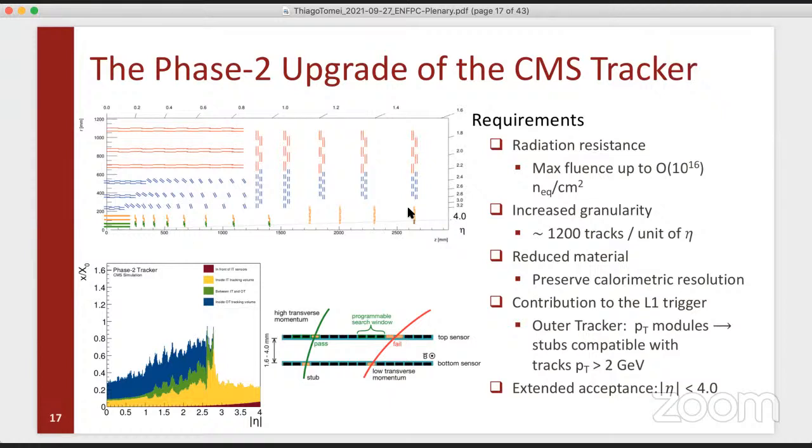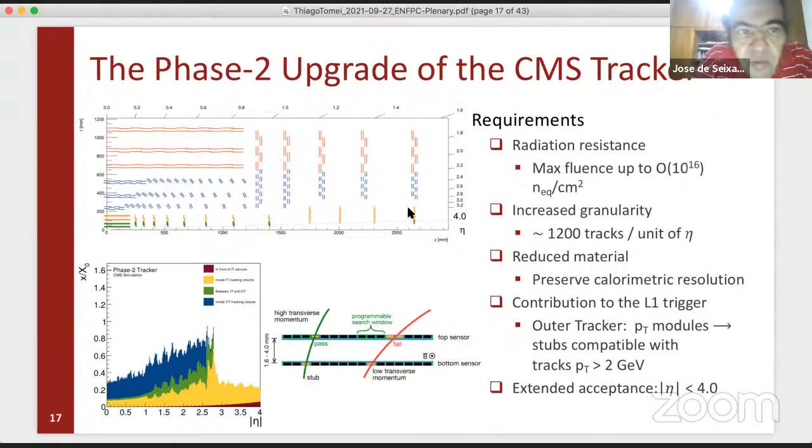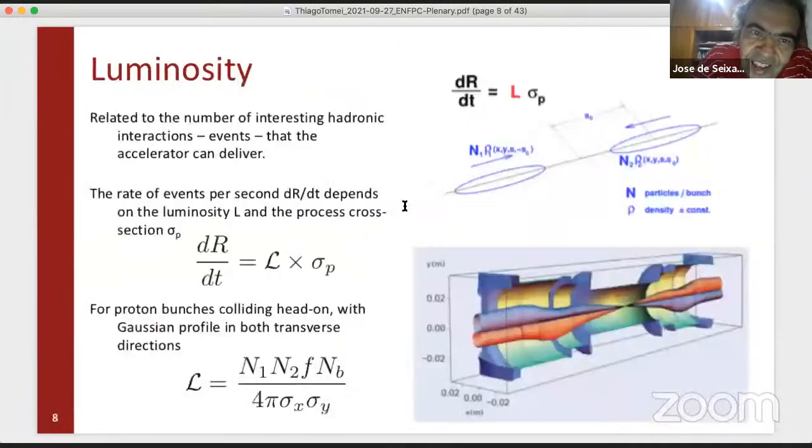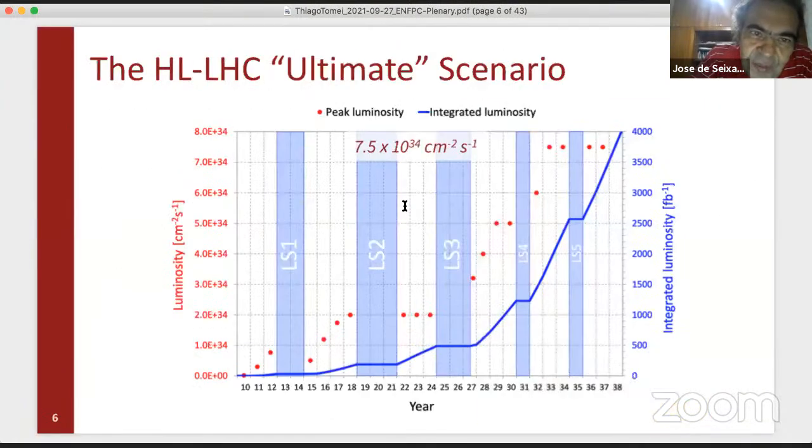So maybe I can ask a question to Thiago. Usually when we are facing the beginning of an upgrade program with such a long view, with many years ahead, we have the impression that everything is going to work fine.